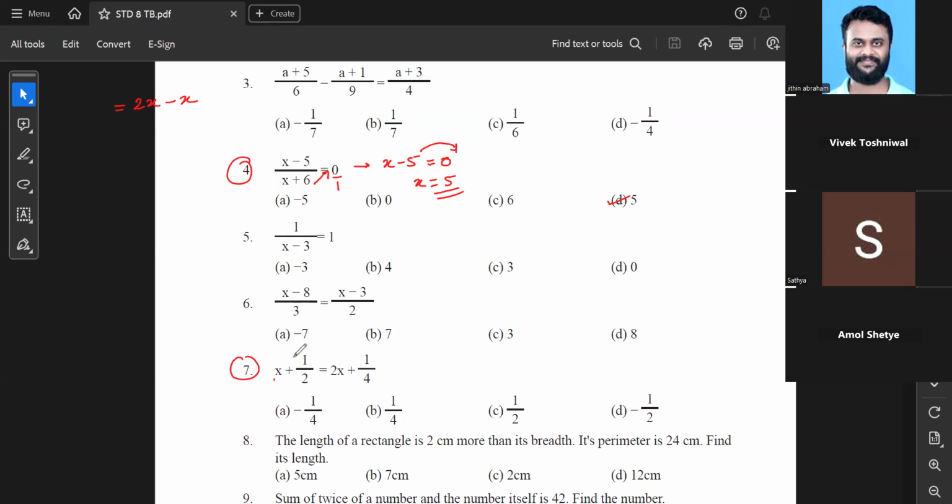Then I take plus 1 by 4 to the left hand side, that gives me minus 1 by 4. Now, on one side, I have 2x minus 1x, x. On the other side, I will take LCM this time. By taking LCM, I get 2 upon 4 minus 1 by 4, which gives me 1 by 4. So the value of x is 1 by 4.